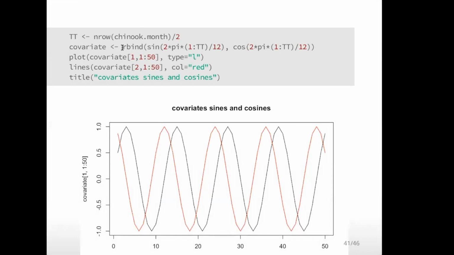You're just taking 1 to the length of your time series. So I don't know what it was for the Chinook, but say it was 100 time steps. So it'd be 1 to 100 divided by 12. And then I add to that a row for the cosine. So it's really easy to make this covariate, much easier than the monthly factors.